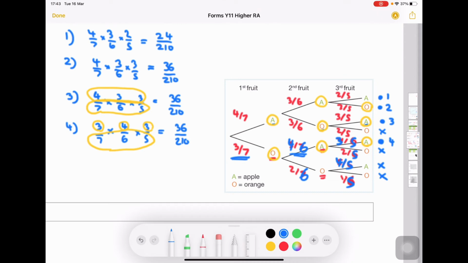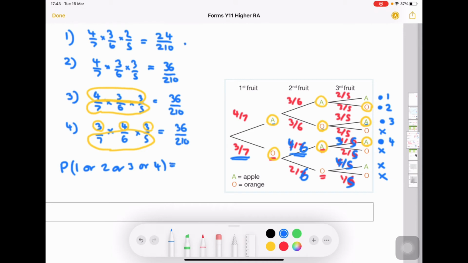Since these are all the possibilities which we can have, we need to then add them together. So the probability of 1 or 2 or 3 or 4 equals the sum of these 4.